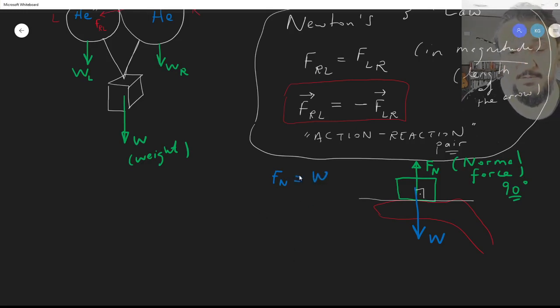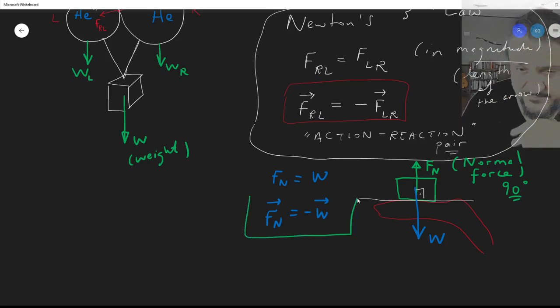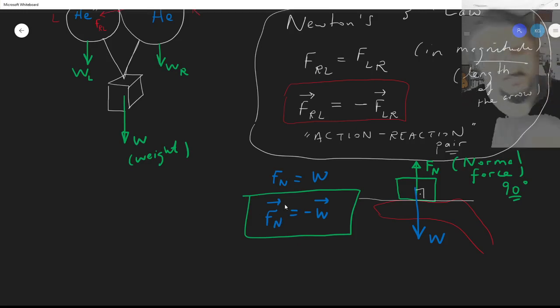But if I want to write these as vectors, I have to now include that negative sign, for the same reason I explained 5 minutes ago, because they're pointing in opposite directions. These are vectors. So if I just look at this mathematical equation here, I have two forces. They are in opposite directions, and they are equal in length. Oh, I must have stumbled on an action-reaction pair.